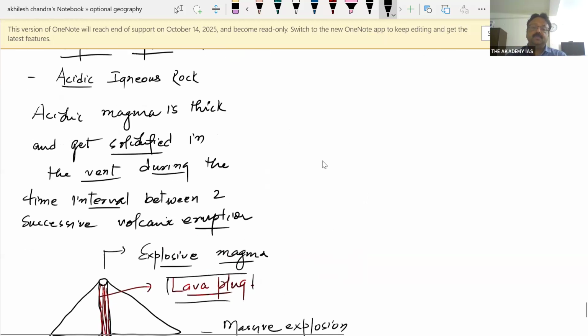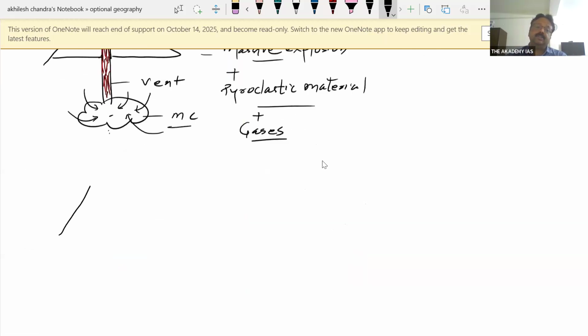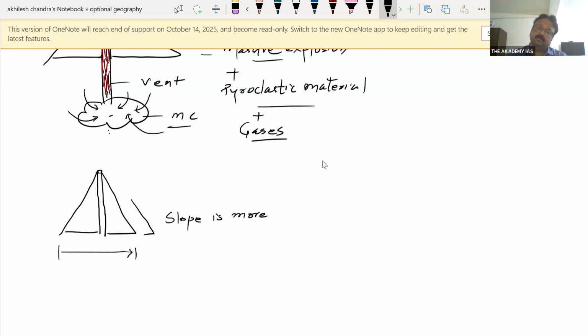And you will find that the cone of such volcanic formations has a narrow base. What is their base like? They have a narrow base and a steeper slope, more than 30 degrees. And if a huge amount of lava comes out, they have humongous height also.